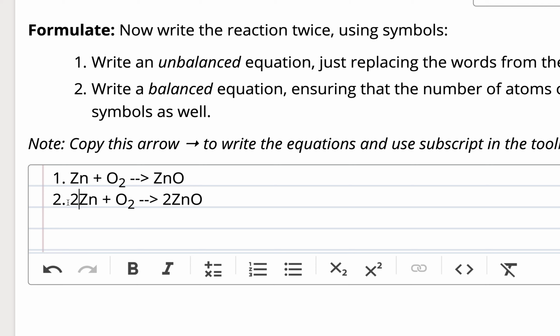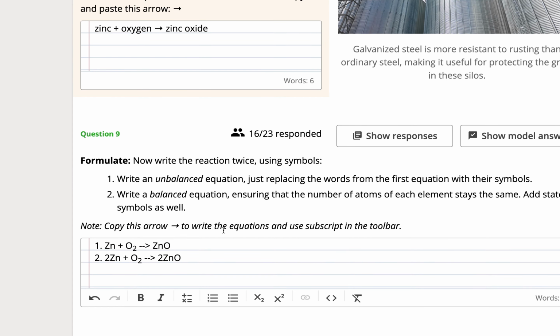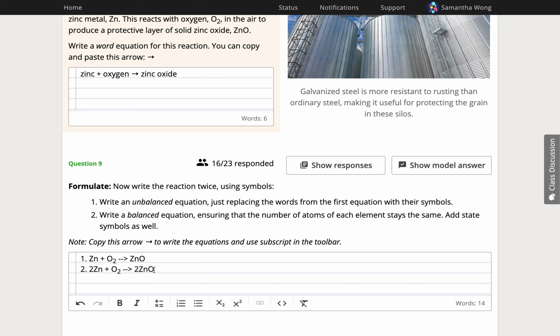So if we look at this equation as a whole, it tells us we have 2 zinc on the left, we have 2 zinc atoms on the right. We have 2 oxygen atoms on the left, we have 2 oxygen atoms on the right. So as a result, number 2 is now a balanced equation, which is exactly what the question wanted.